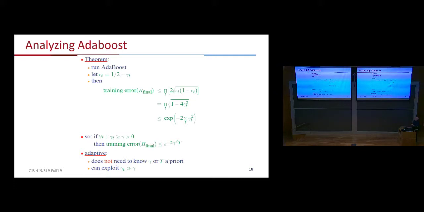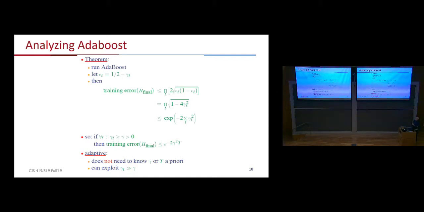So if I'm choosing gamma that is smaller than all the gamma t's, which I can always do, right? All of them are positive numbers. I have T rounds. T is, say, 101. So I can take a number that is smaller than all these 101 numbers. I'm going to call it gamma. So it means that the training error is less than e to the minus 2 gamma squared times T, capital T.